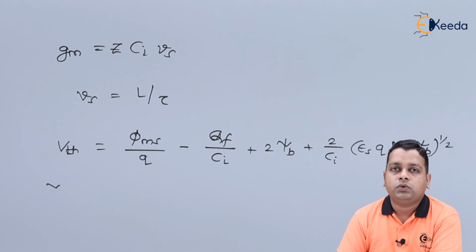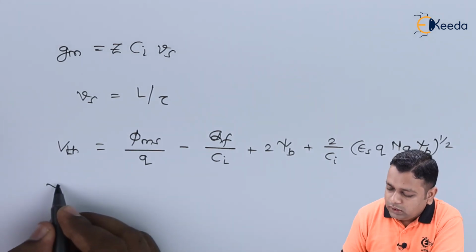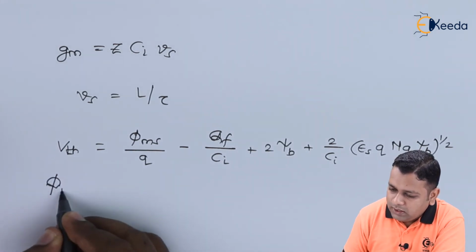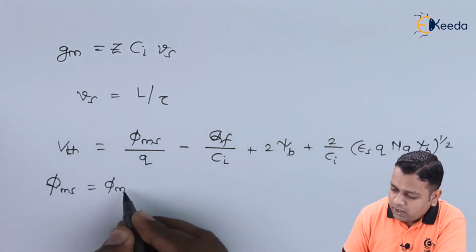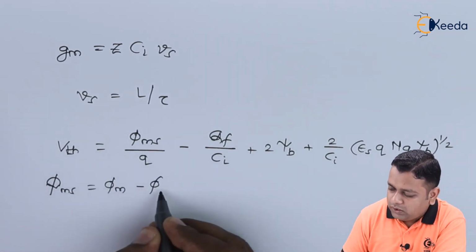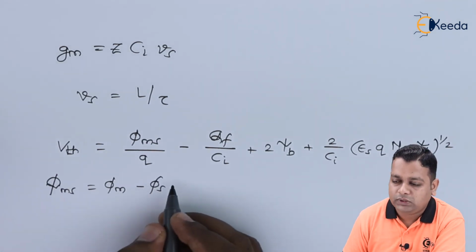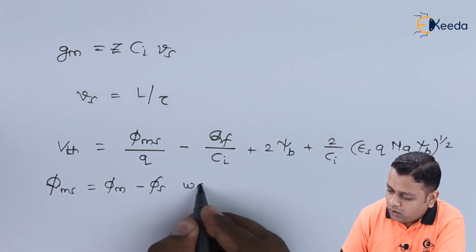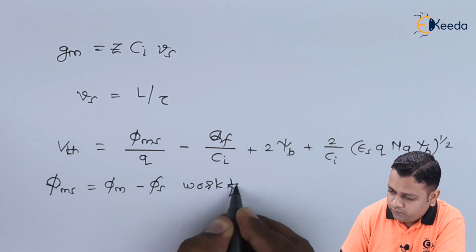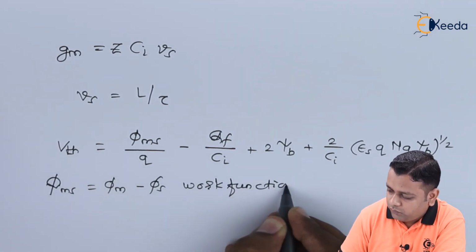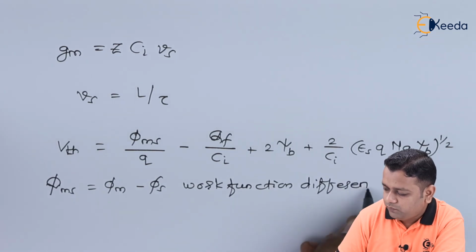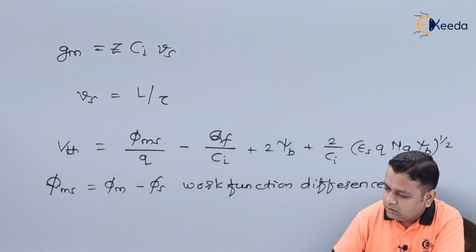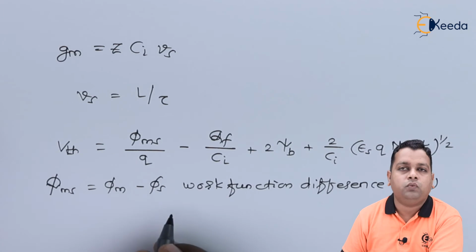Here we have the representation of phi suffix ms as the difference of phi suffix m with phi suffix s. This is nothing but the work function difference, we can say, and this is in terms of electron volts.